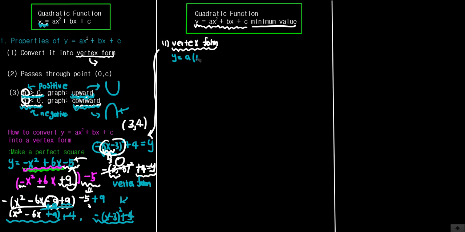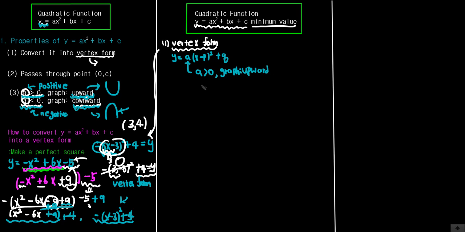y is equal to a times (x minus p) squared plus q, where a defines the format of the function. If a is greater than 0, which means a is positive, the graph will go upward.